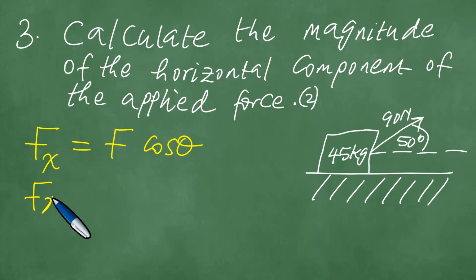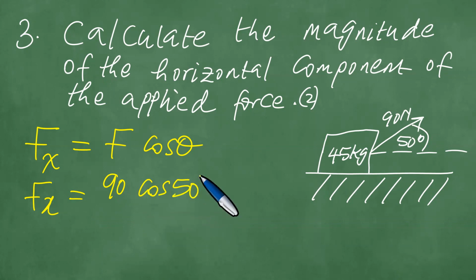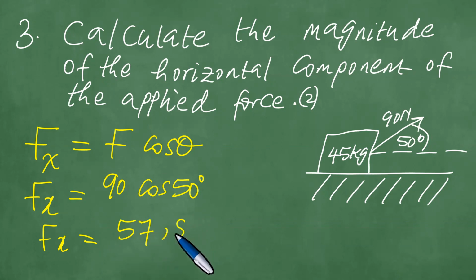Because the x-axis itself is horizontal, that is why you have F sub x, which is the applied force of 90 newtons times cosine 50 degrees. Ninety cosine 50 is actually 57,85 newtons.